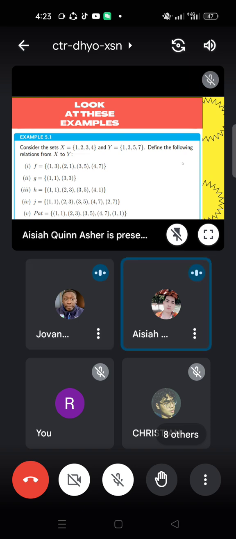Condition 2, sir. 2 is mapped to 3 and to 7, correct? Yes, sir. So 2 is mapped to 3 and 7. Therefore, condition 2 is violated. So it is not a function.